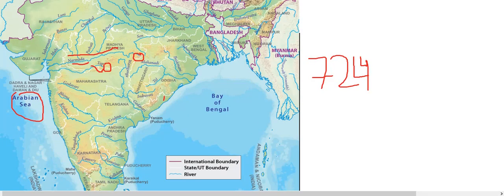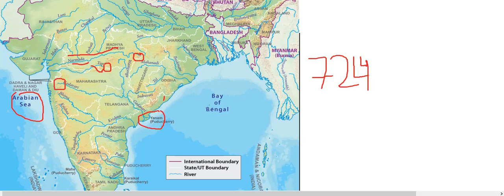So Godavari, you see, yes, it originates from here in Maharashtra, from Nasik. It goes here forming the delta and drains out into the Bay of Bengal. It has many rivers, Penganga, Indravati, Manjra as its tributaries.